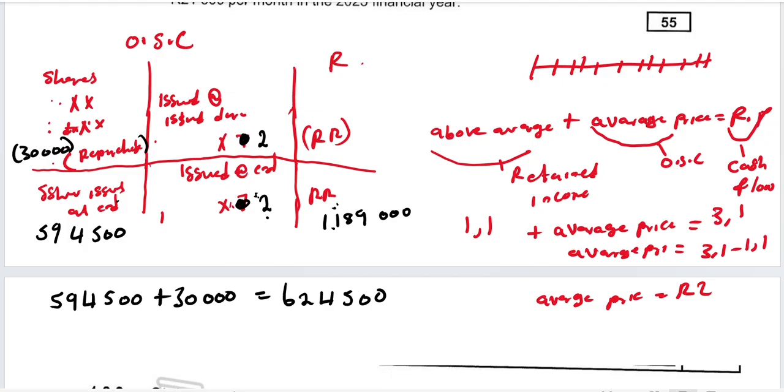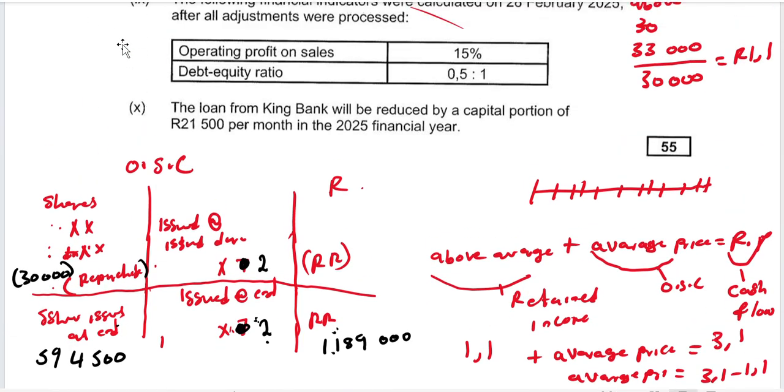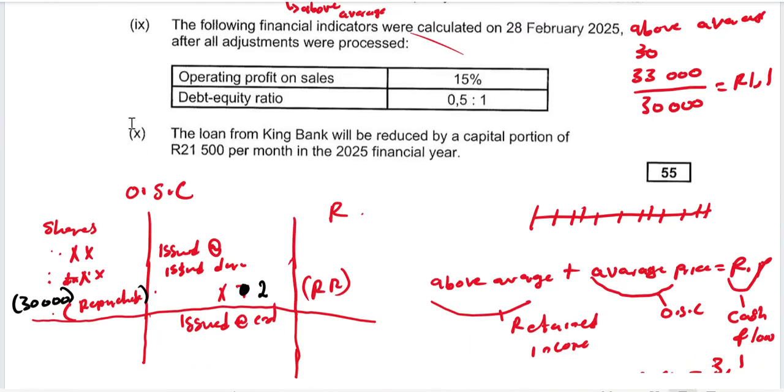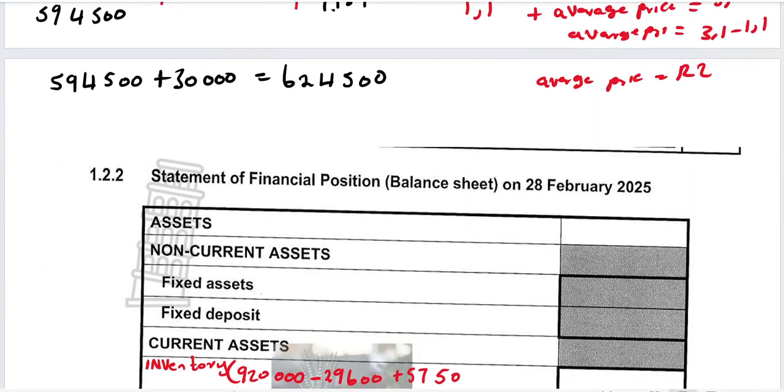So now we have the shares. We're gonna take these shares and multiply with this 30 cents and see our shareholders for dividends. I'm gonna come here and multiply with 30 cents. We know that 30 cents is 30 over 100. Then we multiply by 30 all over 100. Get 187,350.